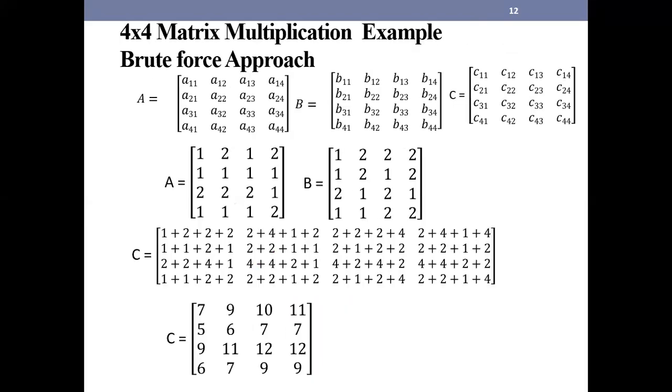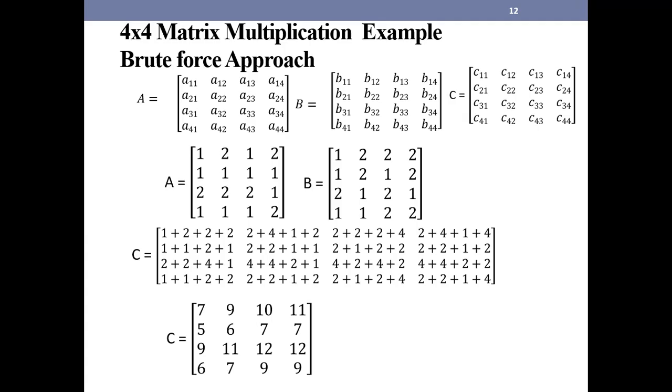Next, if we take 4 cross 4 matrix multiplication, how is it performed using the brute force approach? We know the brute force approach. We take the first row, which is multiplied with every column in the second matrix.